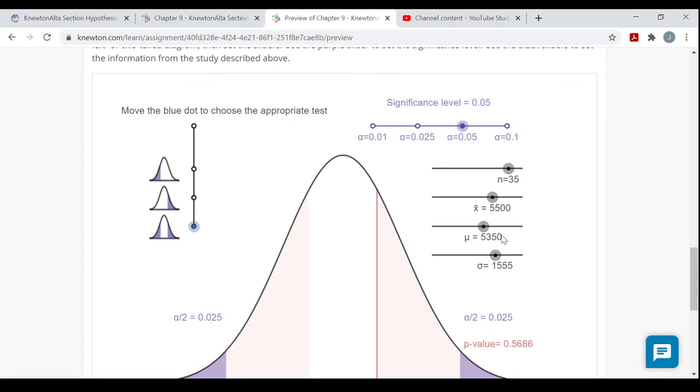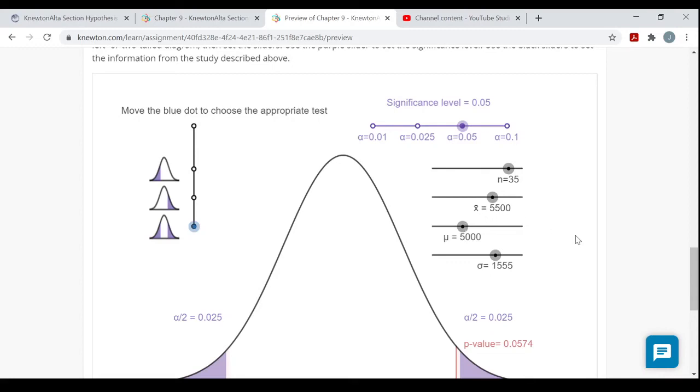Now these two are talking about the population, mu and sigma. What was mu? Remember, we assumed from the null hypothesis that mu was 5,000. So I move mu to 5,000.